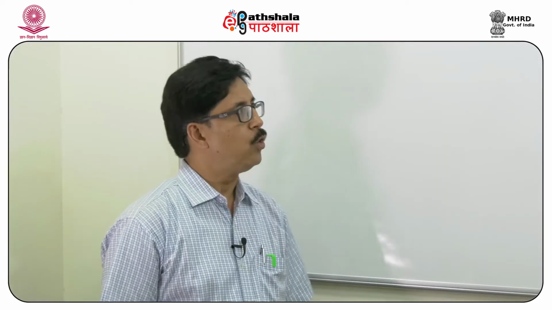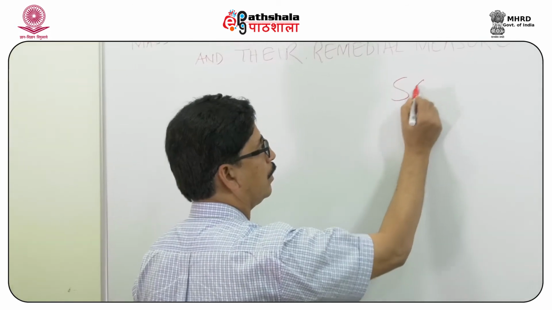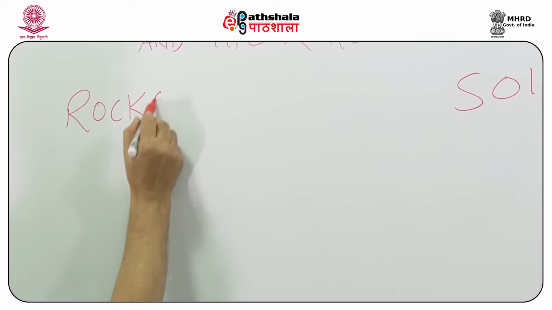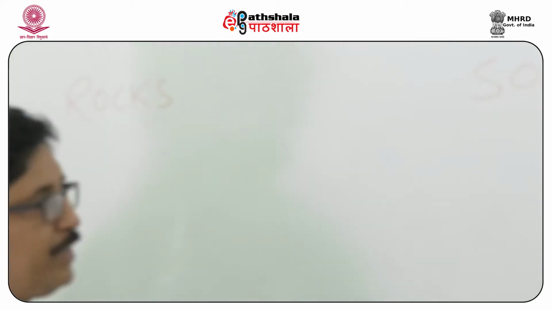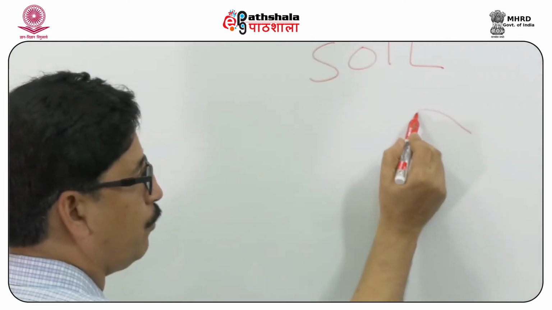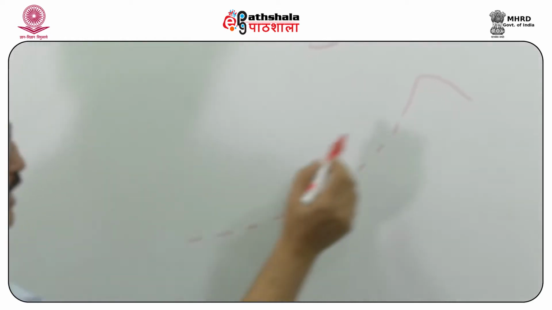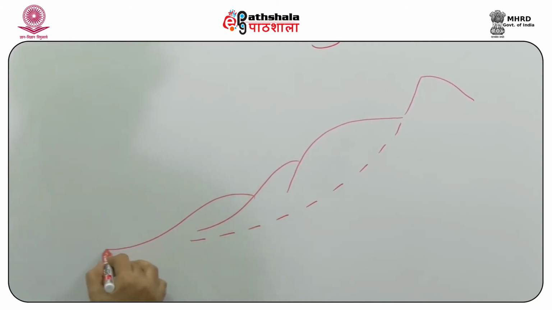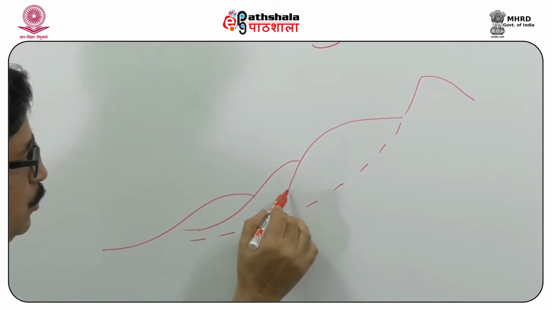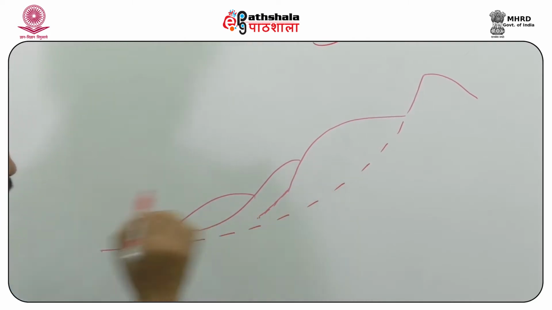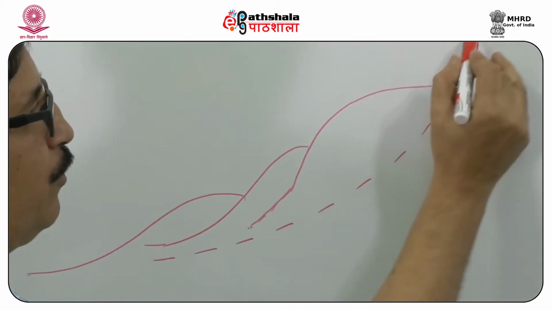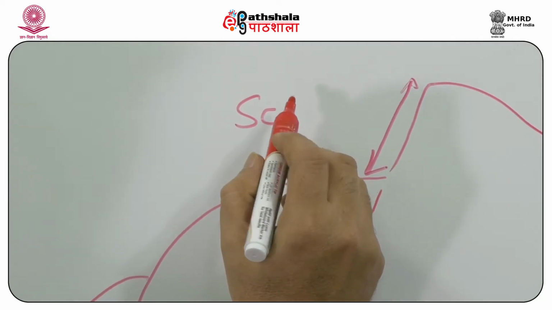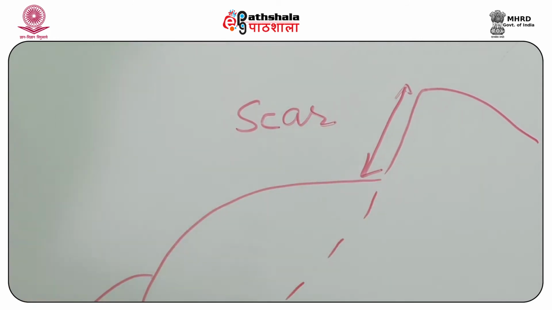Now, depending upon what material is involved, soil or rocks, we can have different kinds of landslides. For example, in soil, it is usually a failure surface which is curvilinear. This part of the slide is called a scar of the landslide.